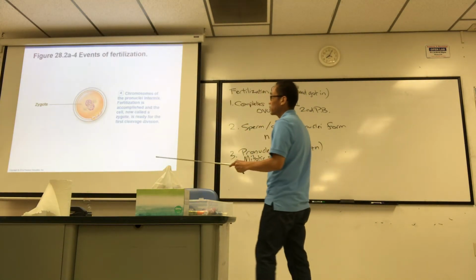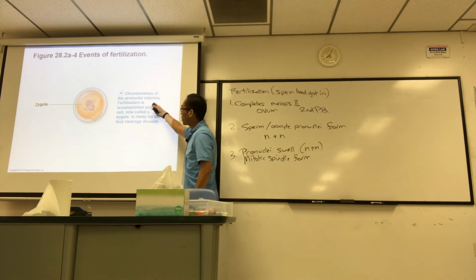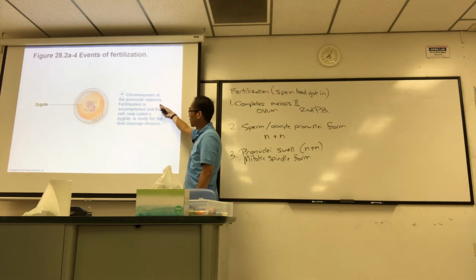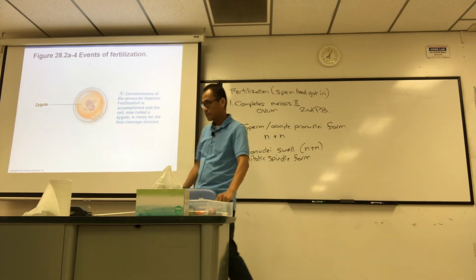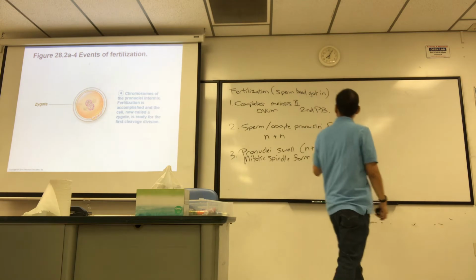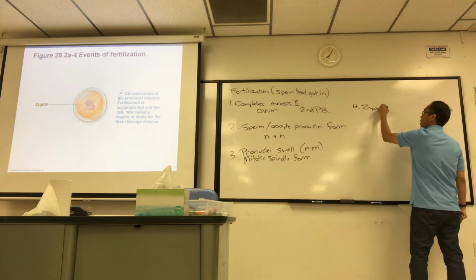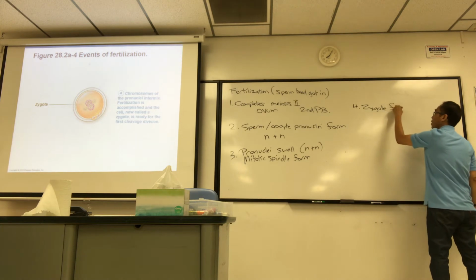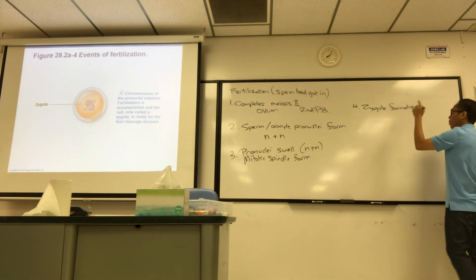All right, so here is the miracle of life right here. You get zygote formation. The chromosomes with the pronuclei intermix. Fertilization is accomplished. So now we have the zygote. So zygote formation is the goal of fertilization.